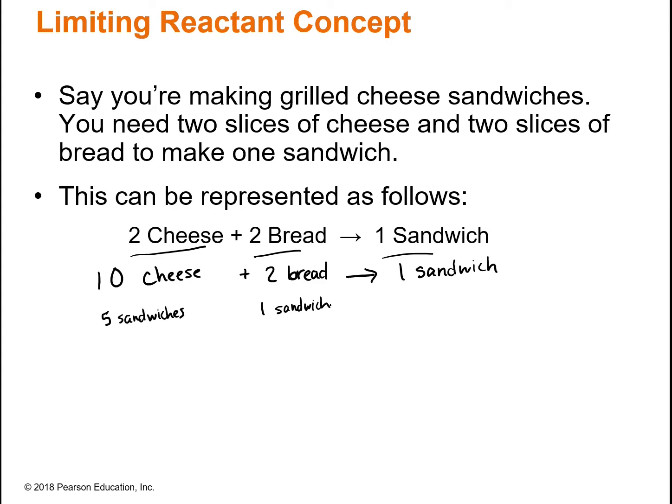So the limiting ingredient here is the bread. Even though I have more cheese to make more sandwiches, I can only make 1 sandwich here. The cheese is in excess. Now in my house, it's usually the other way around. We don't have enough cheese, but we got all the bread in the world.